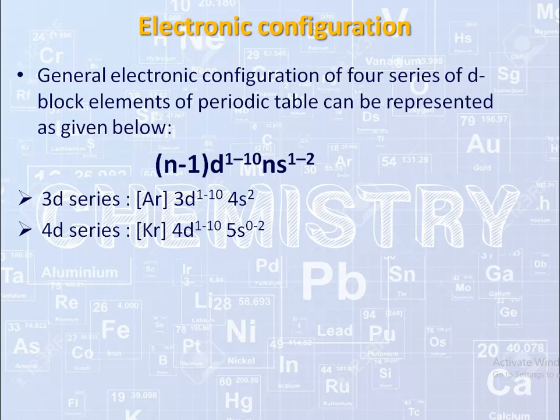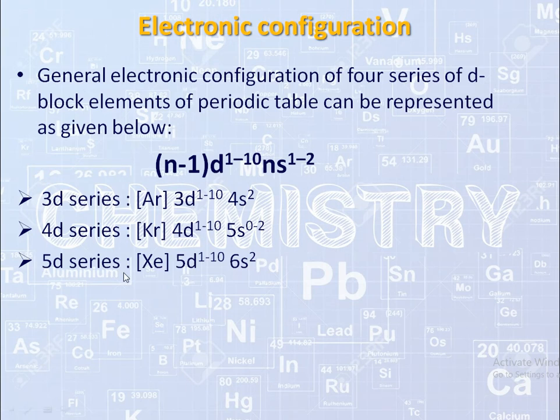Now next, for the 4d series, krypton is the preceding noble gas. So, we can write the electronic configuration of the 4d series using this general electronic configuration as krypton 4d 1 to 10, 5s 0 to 2. For the 5d series, xenon is the preceding noble gas.